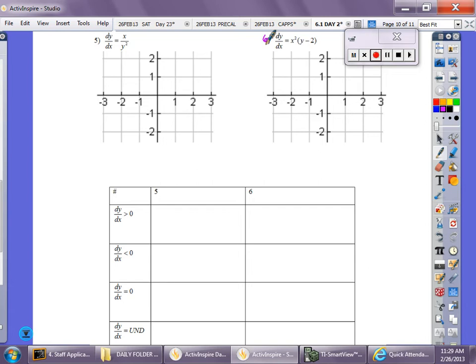All right, so I'm picking the point 0, 0. Say that one more time. 0, 0. Undefined. Why? You can't divide by 0. You guys know that. Why did I hear half of you say 0 then? All right, so we know that it's undefined. Then you're not going to draw a tangent line there.